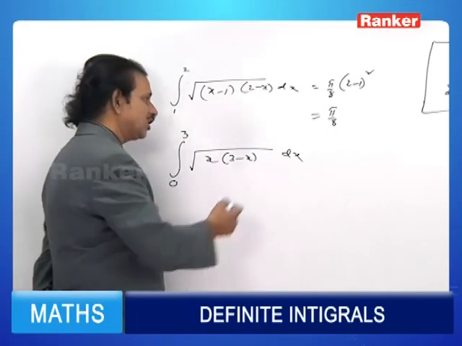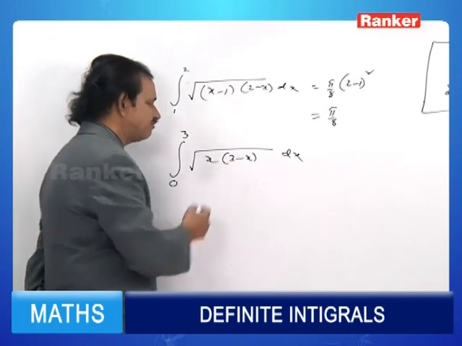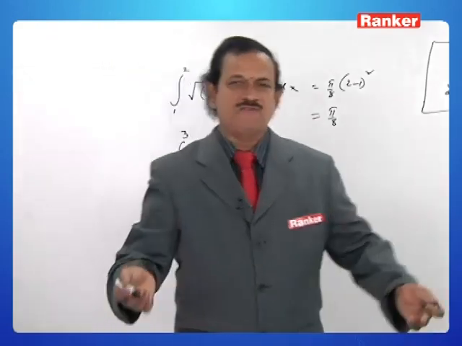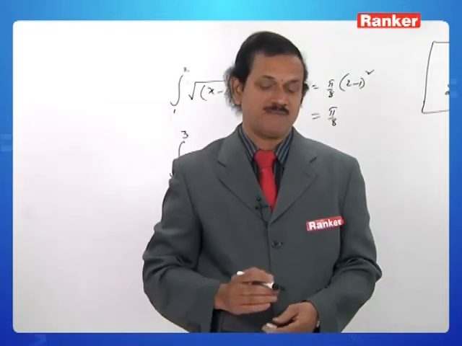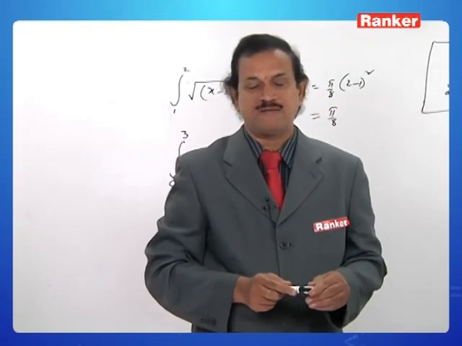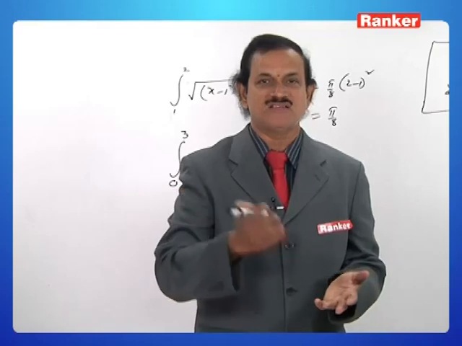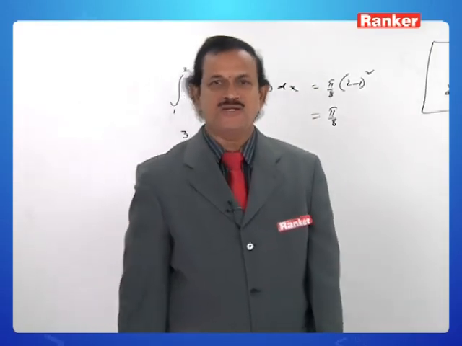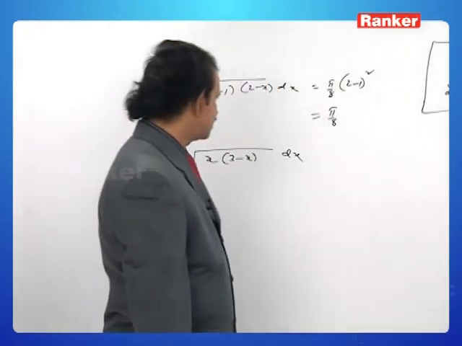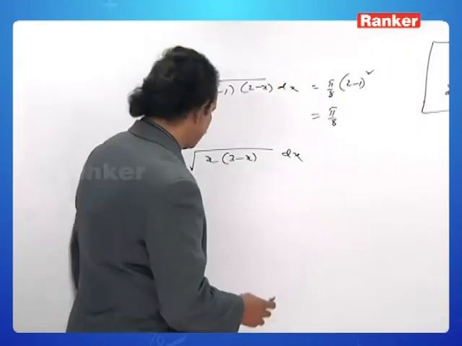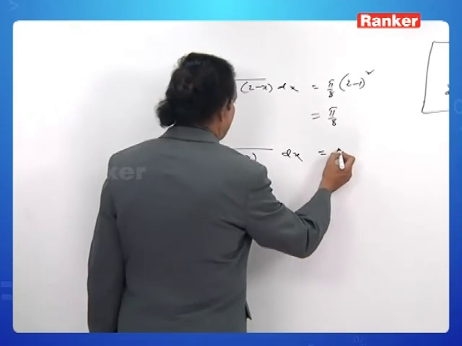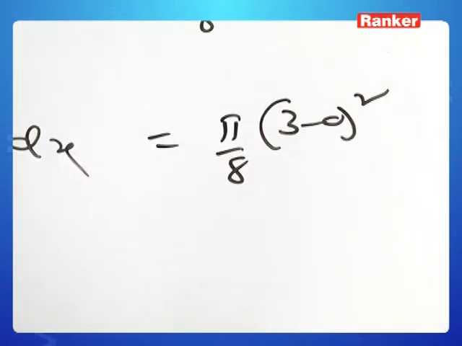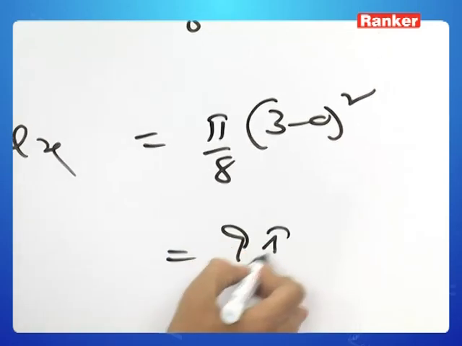If you do not know that formula, then you may have to get this as a quadratic expression, make it a perfect square by that methodology, and use a formula of root of (a squared minus x squared), like that. Surely it is a tedious job. Of course, we do not do that. Hence, the answer is pi by 8 into (b minus a) whole square, that is 9 pi by 8.